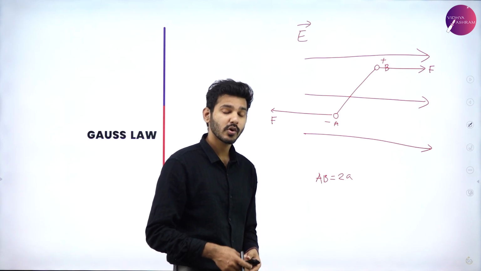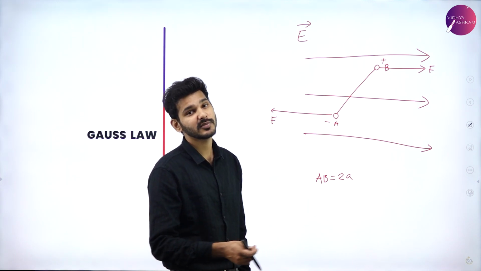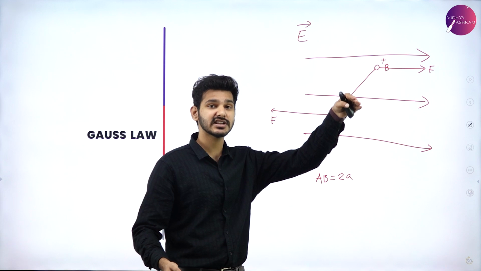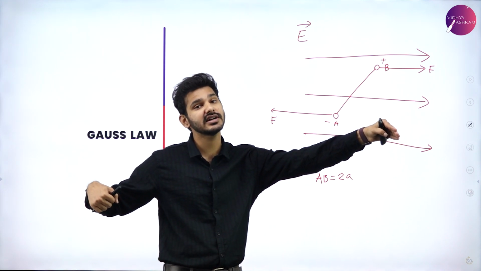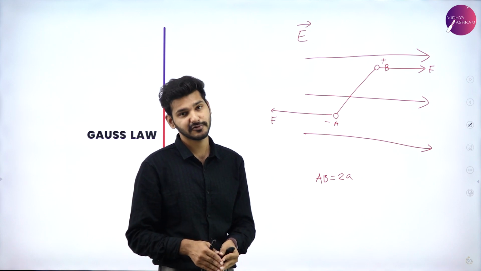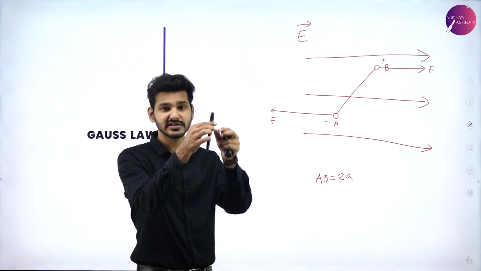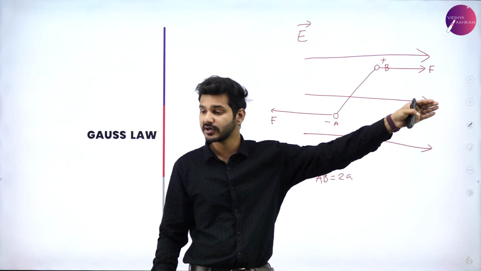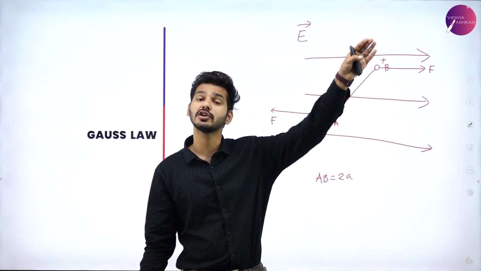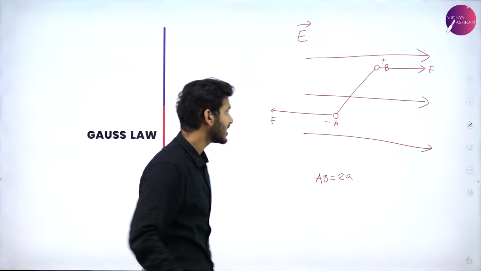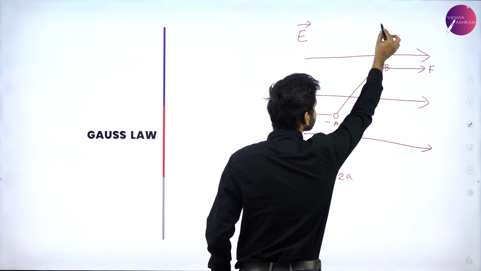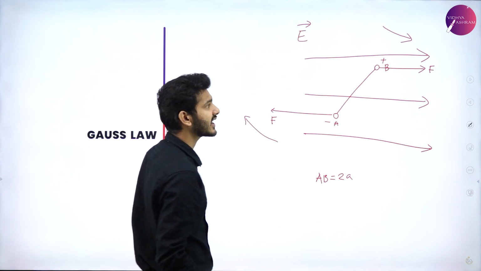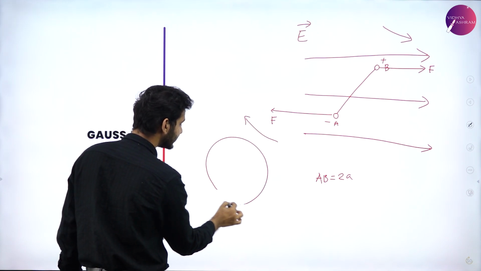So what happens to the dipole which is kept in the uniform electric field? Imagine that there is a long stick. This long stick is being pulled in one direction and the other direction at the same time with an equal amount of force, but in opposite directions. One end is being pulled this way and the other end is being pulled that way, so it undergoes rotation and goes in a circular path.